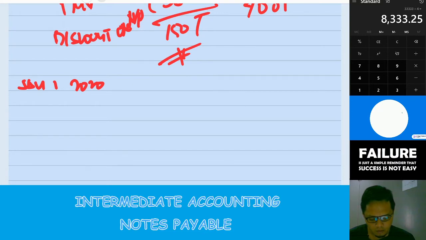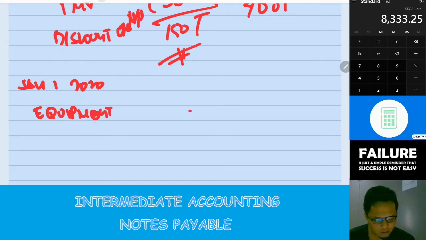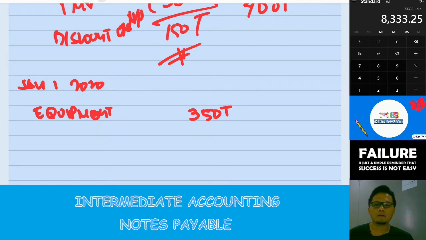our entry would include a debit to equipment at cash price, 350,000, because under PAS 16, equipment purchased in exchange for a non-interest bearing note should be measured at its fair market value, equivalent to its cash price.